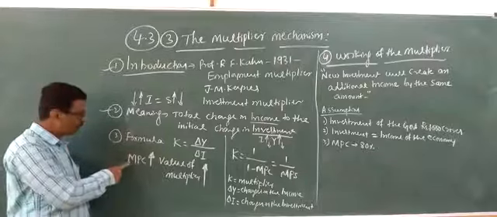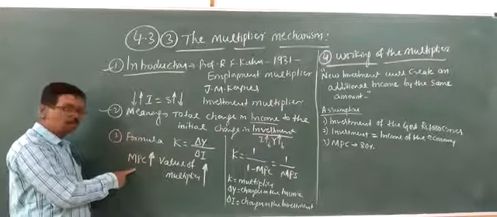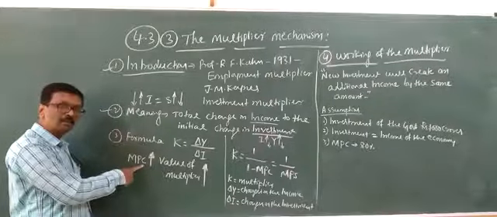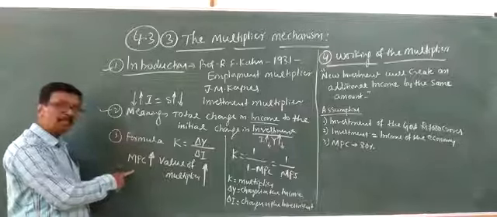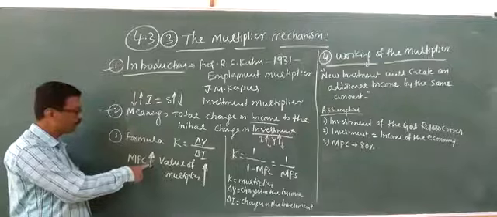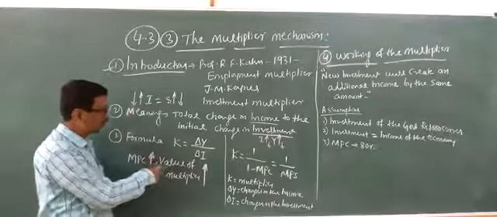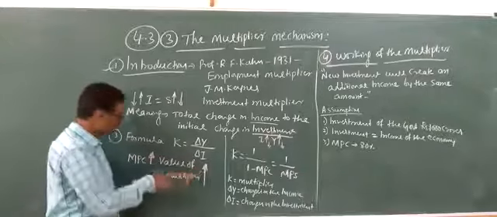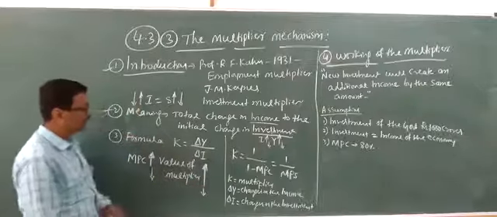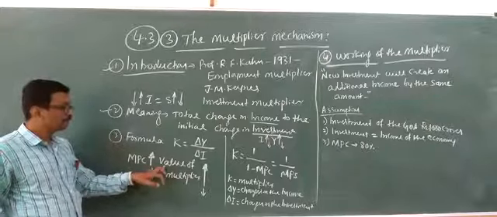When MPC increases in the real society, the value of the multiplier increases. In other words, when MPC reduces, the value of the multiplier declines.